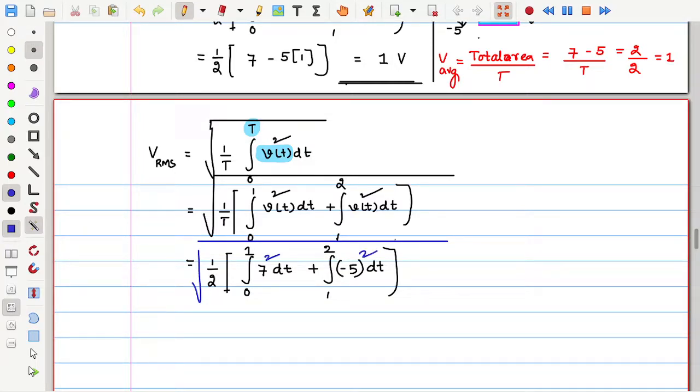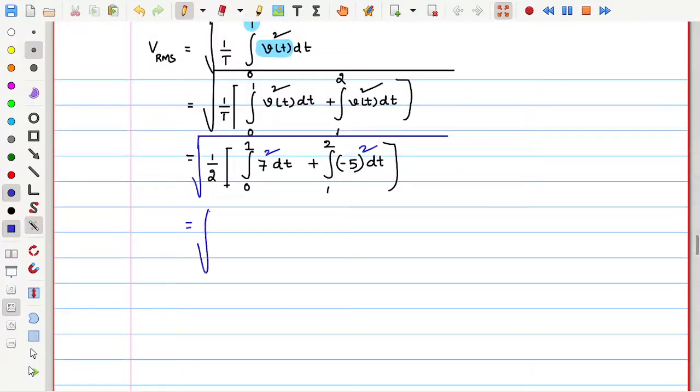Now evaluate this integration. Tell me how much is this? Simple. 49 into 1 minus 0 is 1. 5 square is 25, 2 minus 1 is 1, so 25.